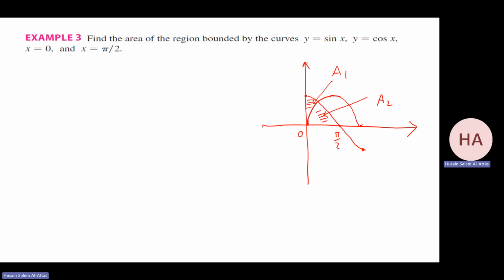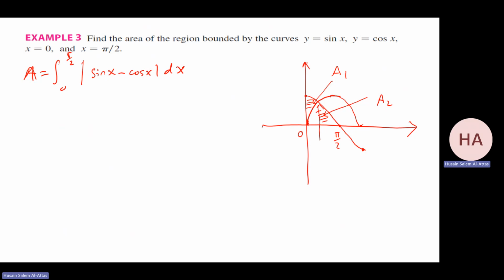So what is the area I'm looking for? It will be from 0 to pi over 2 of the absolute value of sine minus cosine. Who cares, F minus G or G minus F, the absolute value will be the same. Now, by the way, what is this point?